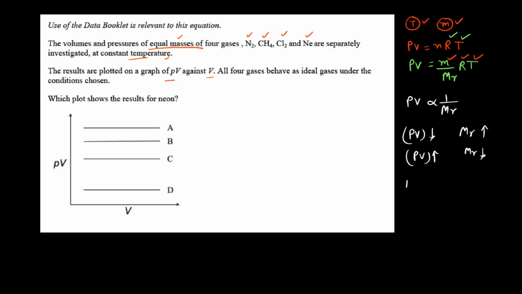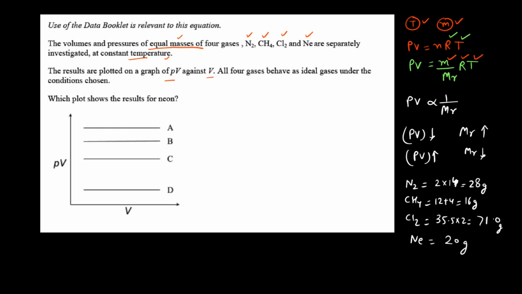So MR for nitrogen is 2 times 14, so that is 28 grams. MR for methane is 12 plus 4 is 16 grams, and chlorine is 35.5 multiplied by 2, that is 71 grams, and neon is 20 grams.